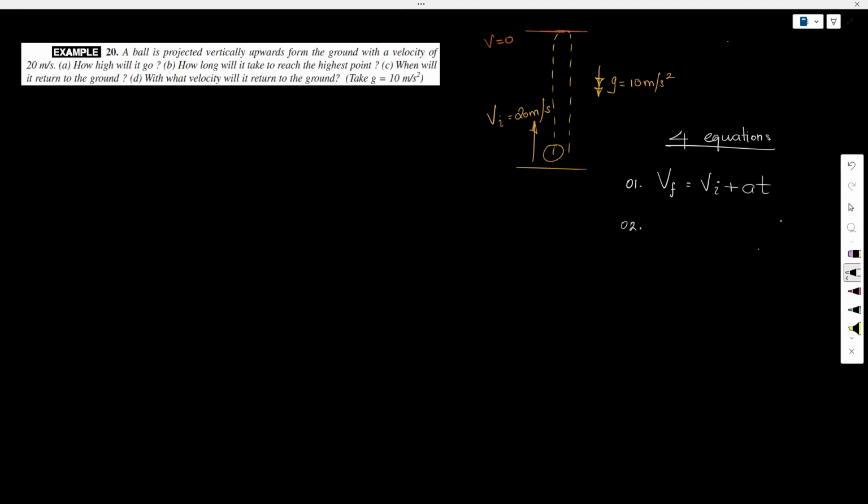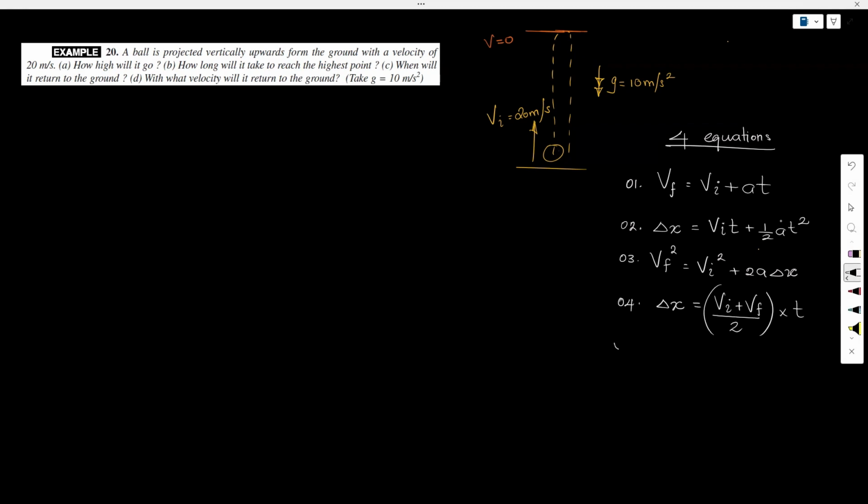The second equation is delta x or delta y, that's the displacement, equals initial velocity times time plus half a t squared. The third equation is final velocity squared equals initial velocity squared plus 2a delta x. Delta x is for the displacement. It is not like the displacement is particularly in the x direction. And we have another equation that is not quite popular, but we do have it, which is vi plus vf divided by 2, which is the average velocity, times the time.